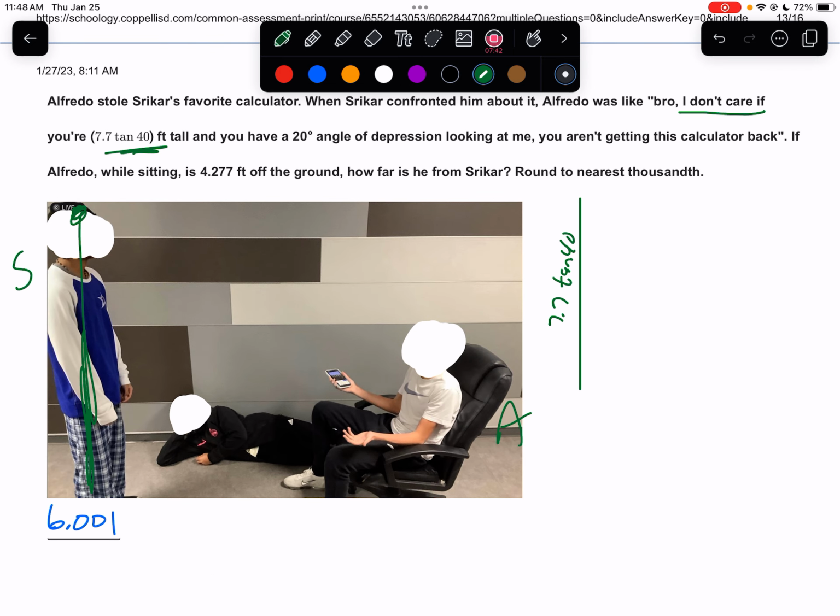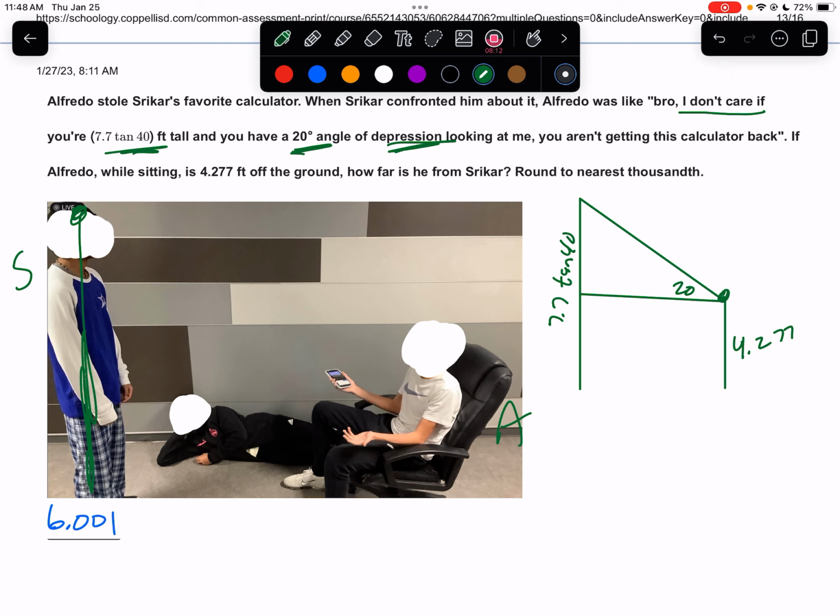And then we have Srikar looking down at Alfredo. So we'll say that this is Alfredo over here. It says Alfredo is 4.277 feet off the ground. It says that there's an angle of depression, and I'm going to go ahead and make it an angle of elevation. So if it's an angle of depression from Srikar looking down, wouldn't it be the same number for Alfredo looking up?